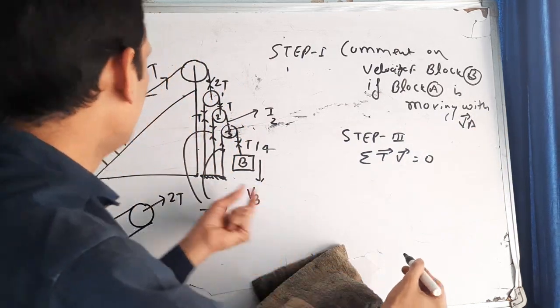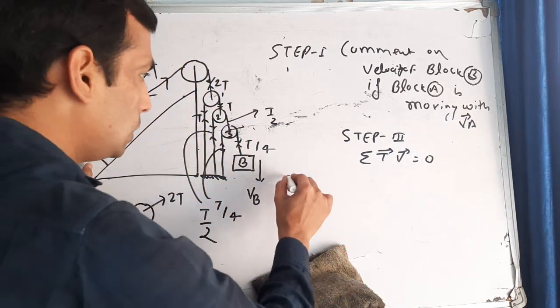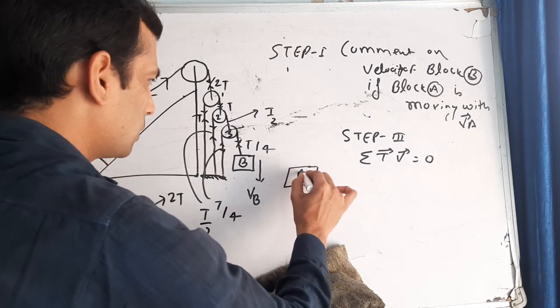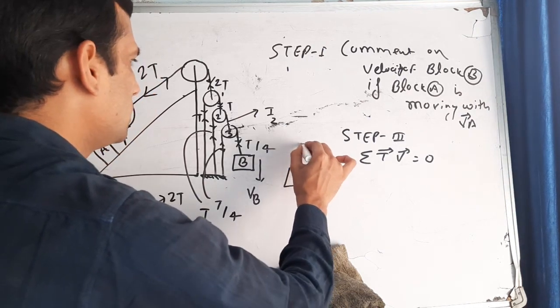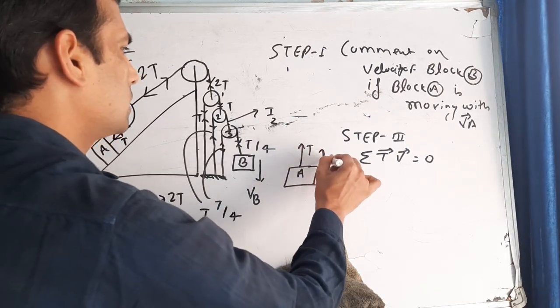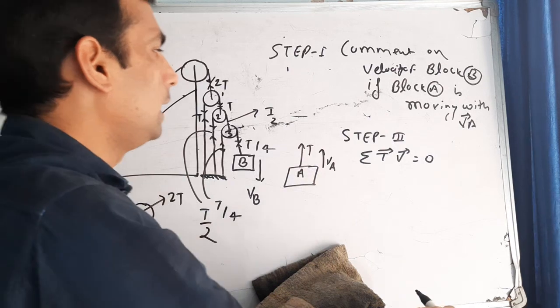Now I am going to show individually the FBD of block A. This is block A, and tension is acting in the upward direction, moving with VA.